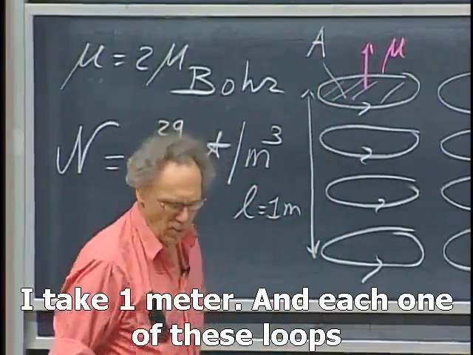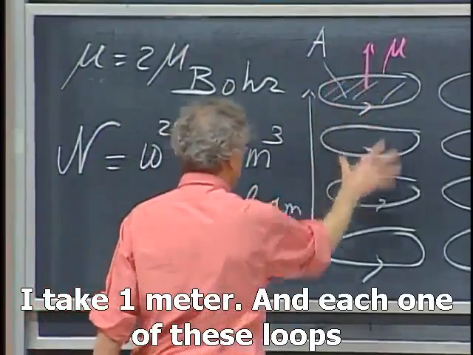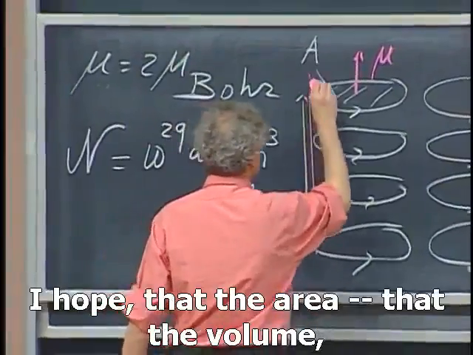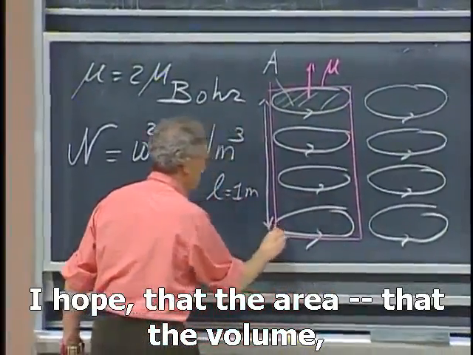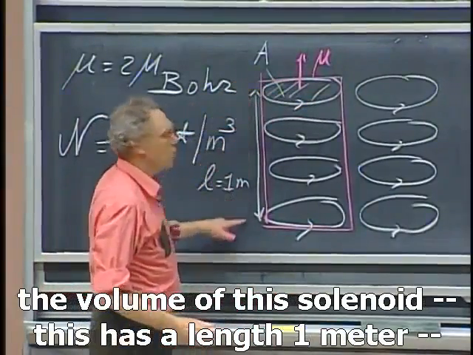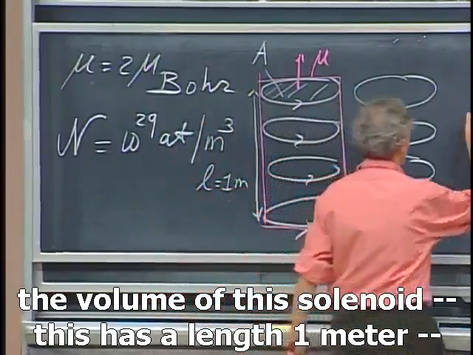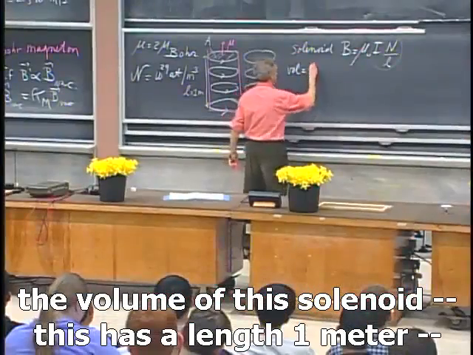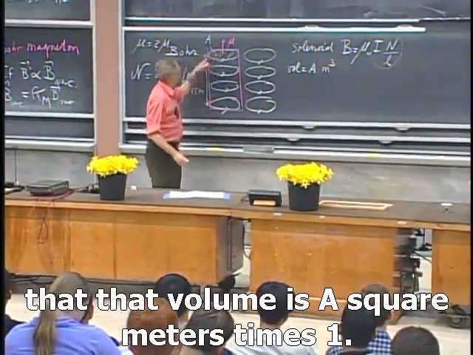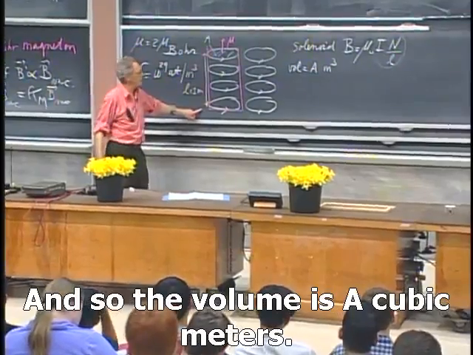So we would agree, I hope, that the volume of this solenoid, which has a length of 1 meter, is A square meters times 1. And so the volume is A cubic meters. A times 1 meter is A cubic meters.